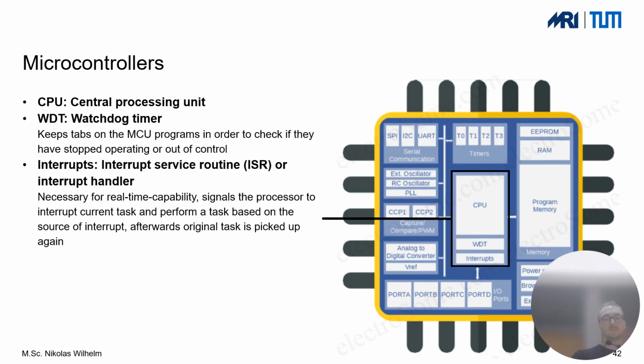But now let's try to understand a bit more about that microcontroller from the first part. As I already mentioned, a microcontroller is not just a CPU, there's much more to it. But of course, the central part of the microcontroller is the CPU. In addition to that CPU, which is the main thing calculating some kind of results, we have, for example, some watchdog timers here.